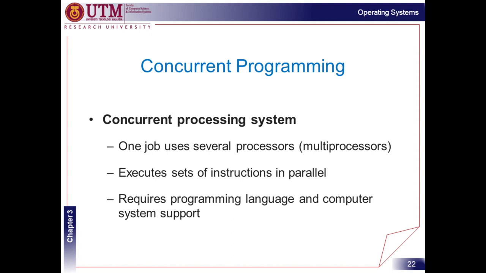One example is a concurrent processing system, where one job uses several processors, which is the multiprocessor, to execute a set of instructions in parallel. This requires programming language and computer system support to coordinate the access to shared resources and avoid conflicts.